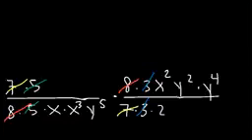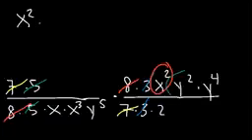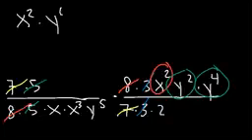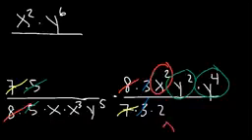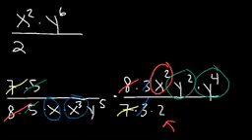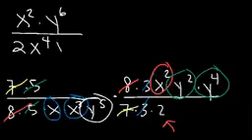So on top, we have an x squared, y squared times y to the 4th. 2 plus 4 is 6, so it's y to the 6 on top. On the bottom, we have a 2, we have x times x to the 3rd, which is x to the 4th, and we also have y to the 5th.